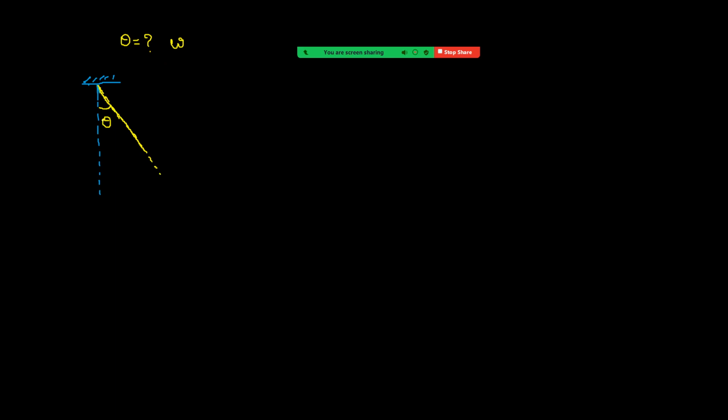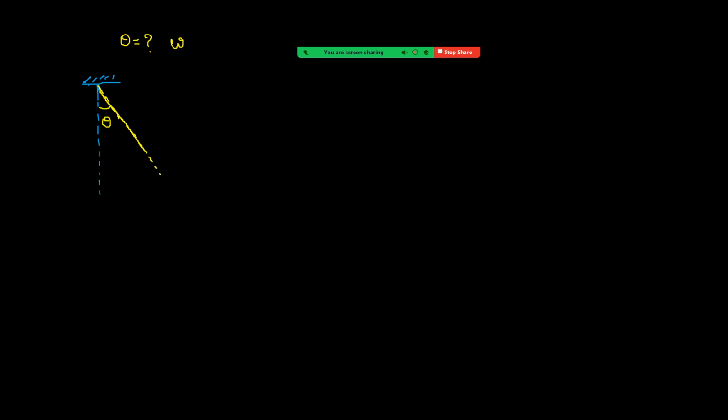Just imagine there is a person here rotating with the same angular velocity. Then for him, this rod always appears to be at rest. That means in that rotating frame, the rod will be in equilibrium, so net force equals 0 and net torque equals 0.